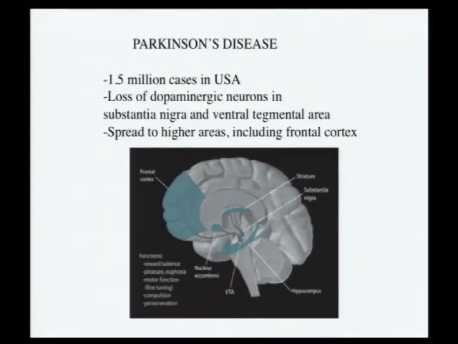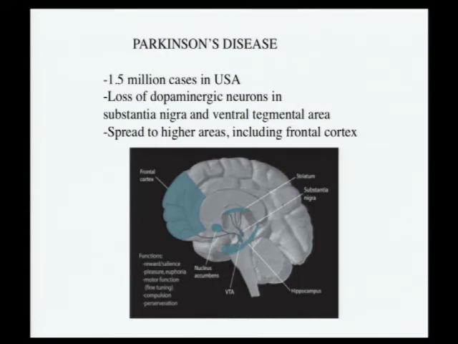So the lesion starts here, and then with time they move to the striatum, then to the nucleus accumbens, and then also to the cortex, including frontal and prefrontal cortex. This is actually the reason why some patients develop dementia, and Parkinson-associated dementia is a very serious problem.